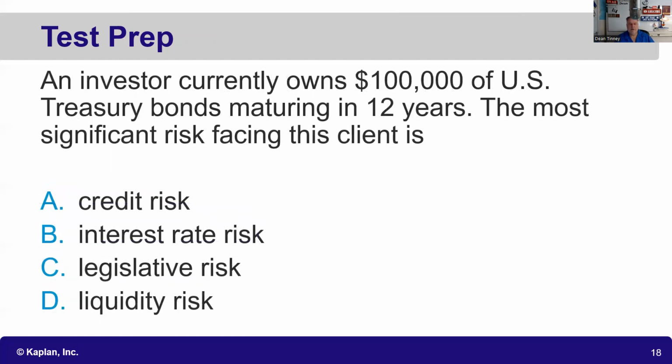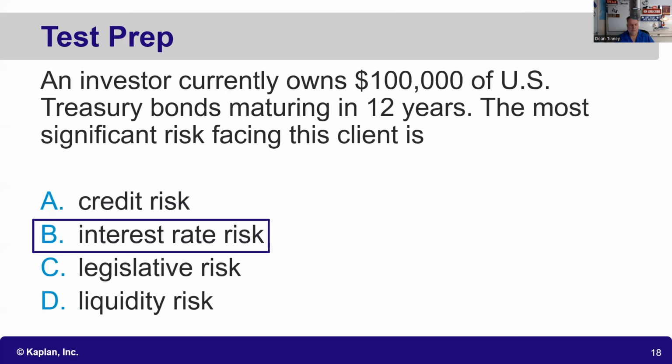An investor currently owns 100,000 U.S. Treasury bonds. So I immediately am going to think credit risk and interest rate risk when I think of fixed income investment vehicles. And here it's a Treasury bond, so I don't have any credit risk. The most significant risk, I think, since I haven't had credit risk, would be interest rate risk. Legislative risk? No, legislative risk would be like they changed the Roth IRA or something.